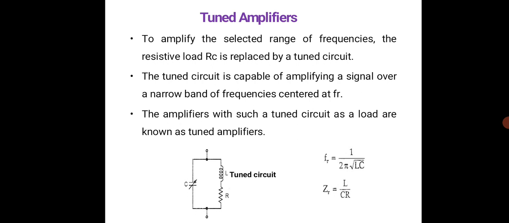The tuned circuit is capable of amplifying a signal over a narrow band of frequencies centered at the resonant frequency, denoted by FR, which is given by 1 by 2 pi root LC. The amplifiers with such a tuned circuit as a load are known as tuned amplifiers.